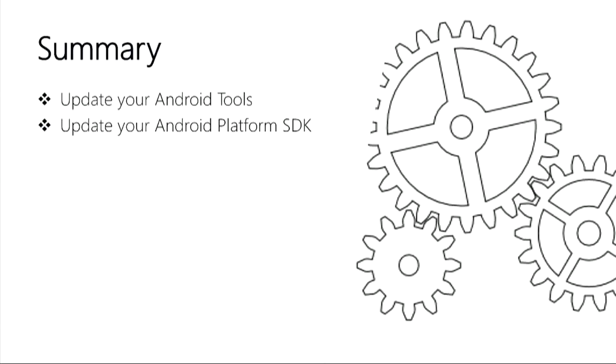So our core goal here was to keep our development machines up to date as new versions of Android get released. And the two things that you need to do in that case are install new versions of the tooling and install new versions of the platform SDK.